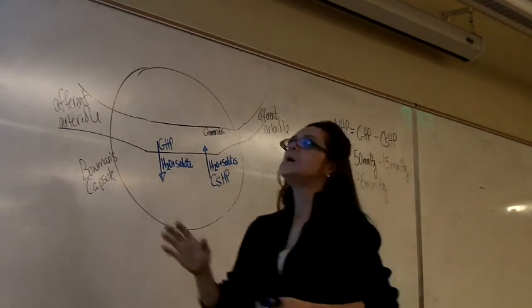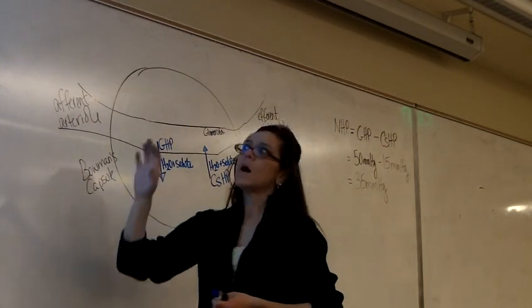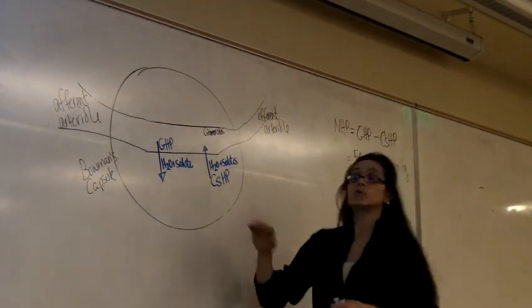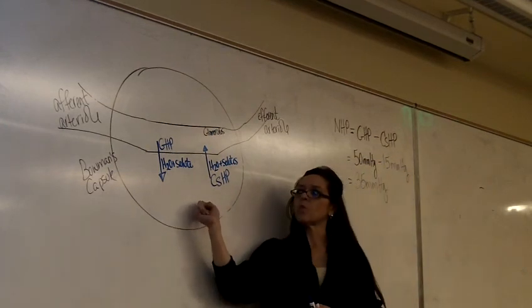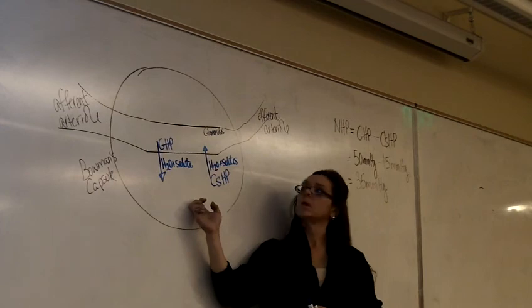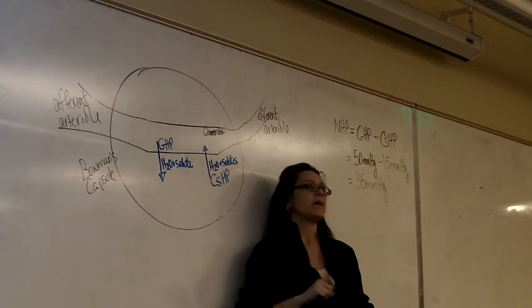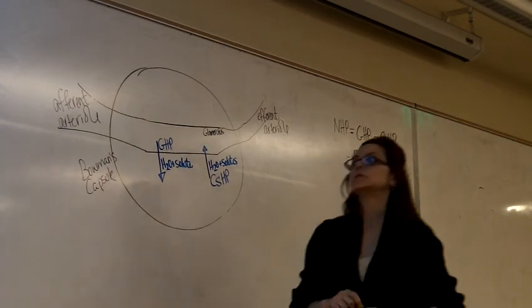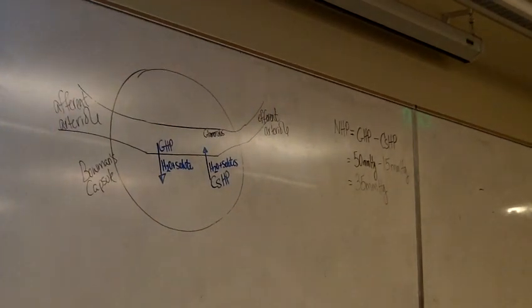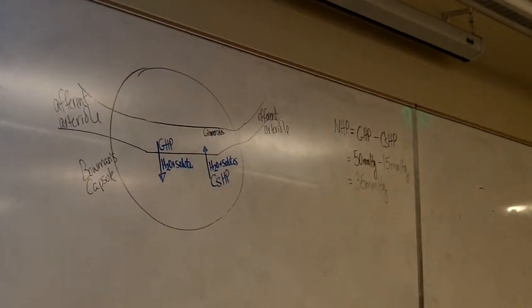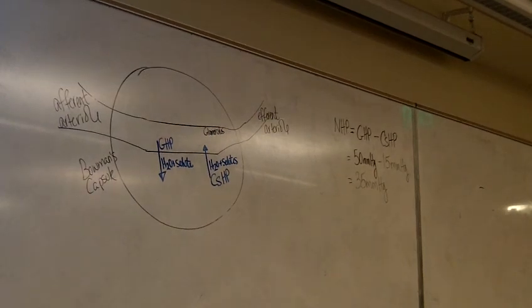Okay, so the colloidal osmotic pressure is going to oppose filtration. Again, because it's tending to draw this water that just came out right back into the glomerulus. So what we want to do is add up these two forces to get our filtration pressure.